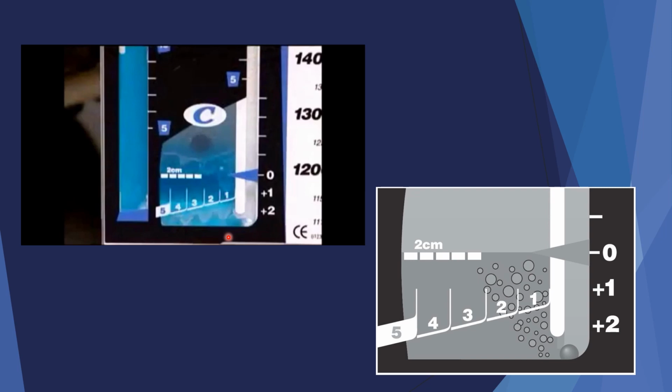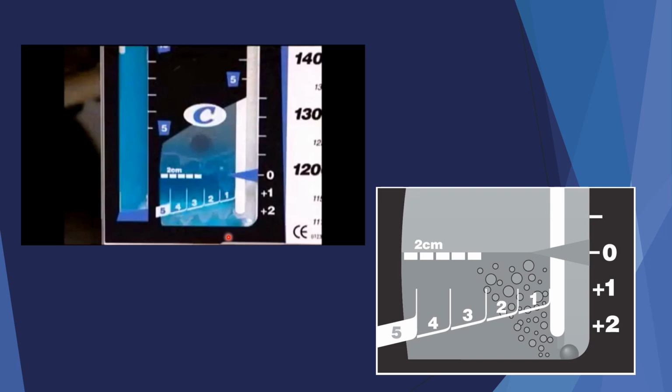A lot of times, how we evaluate is we take a pair of those clamps and clamp it up near the insertion site. With the suction on, we take the clamp and clamp it. If the air leak stops, then you know that the leak is coming from around the insertion site itself.